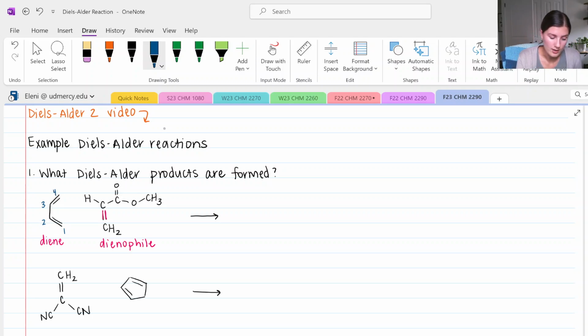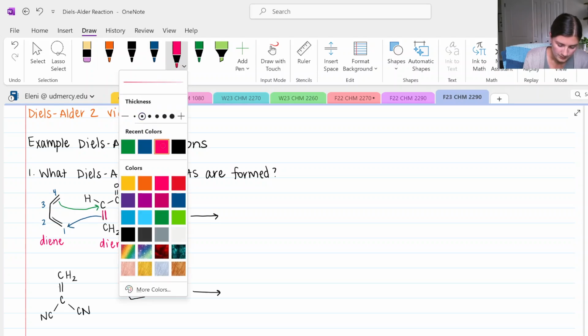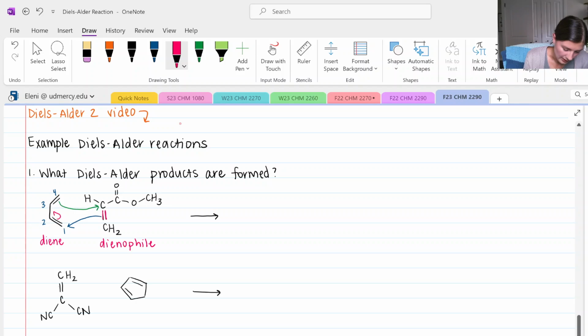We can even draw out the mechanism where we have carbon 4 creating a new bond to the dienophile, the dienophile creating a new bond to carbon 1, and a new pi bond between carbons 2 and 3 on the diene.